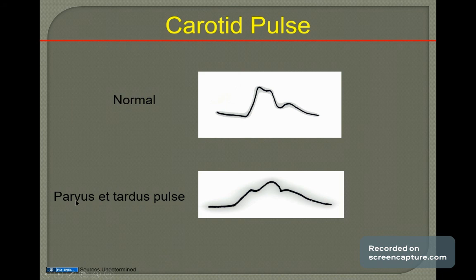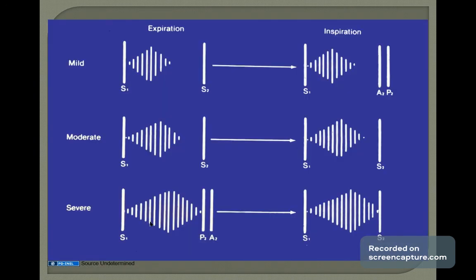Delayed. This is called pulsus parvus et tardus. Slow rising pulse, in the carotid pulse or radial pulse, both.